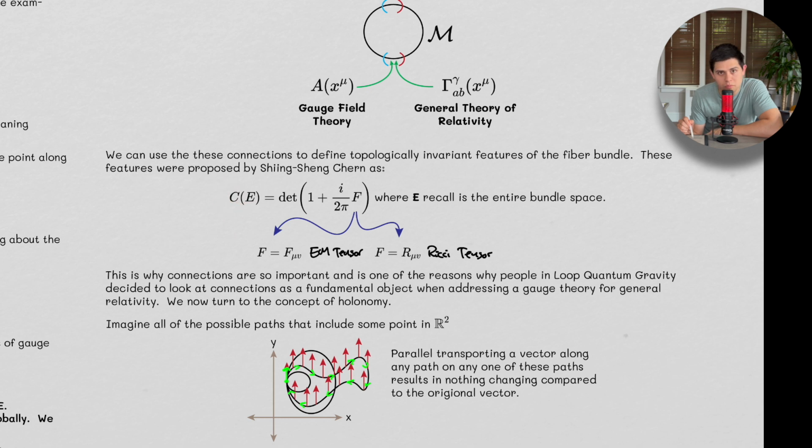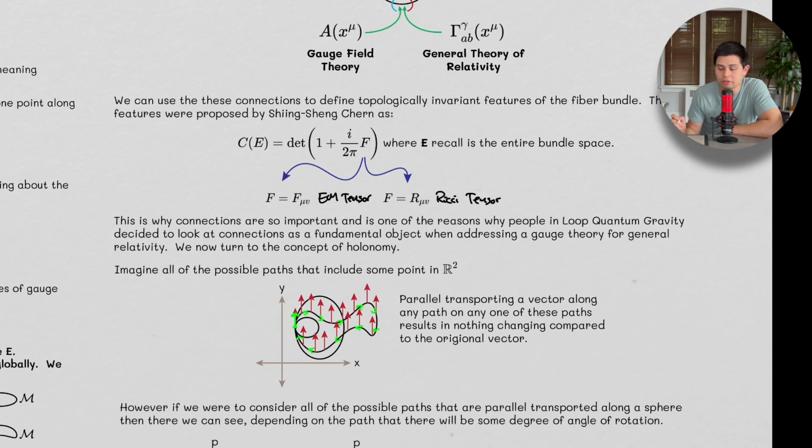This is an invariant object of our entire fiber bundle E. And what it is, it's a determinant of this thing, where E recalls the entire bundle space, right? So the Ricci tensor, F is the Ricci tensor in the case of GR, or it can be the electromagnetic field tensor in the case of E&M, or some gauge field theory, okay?